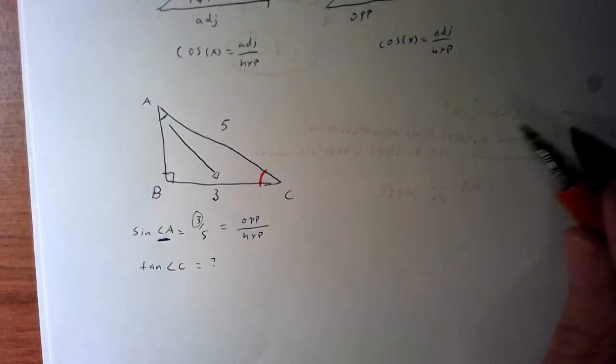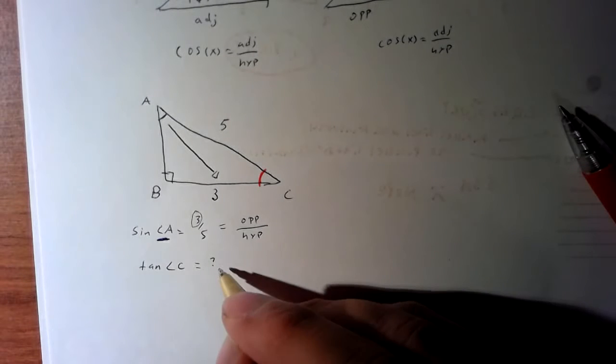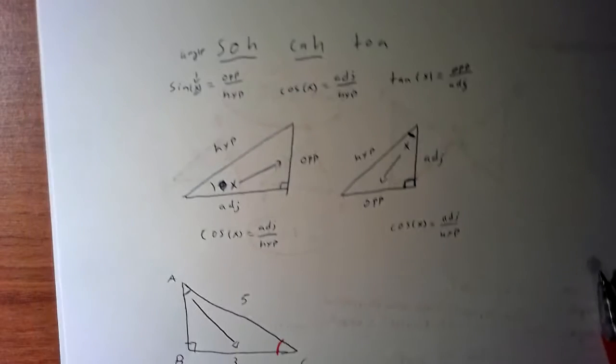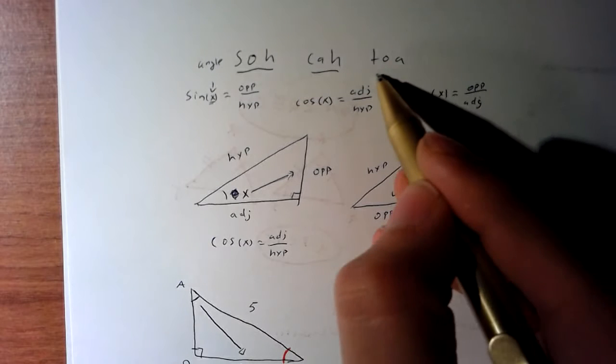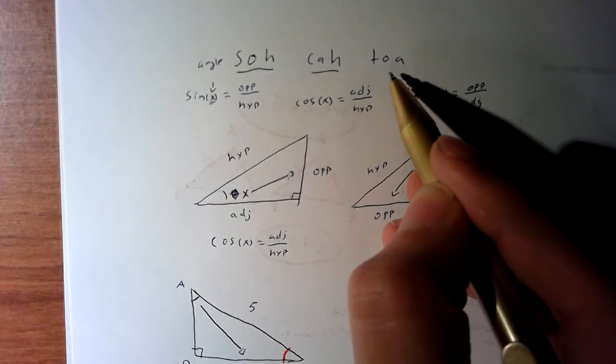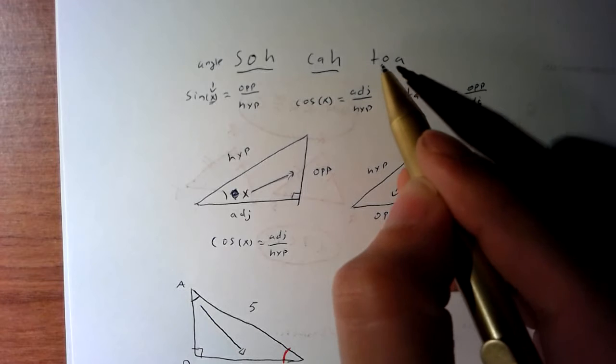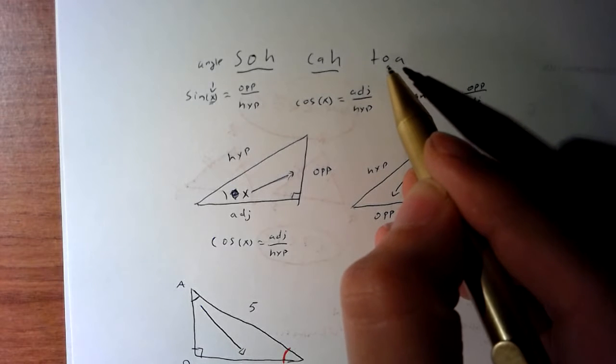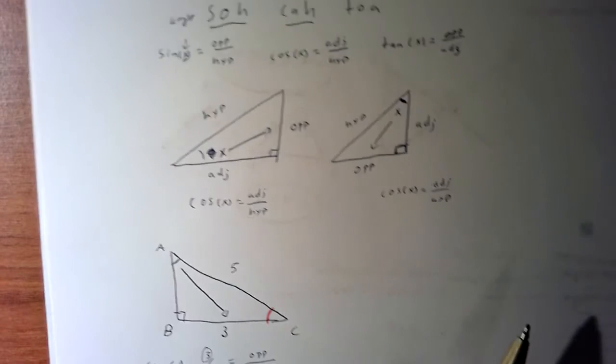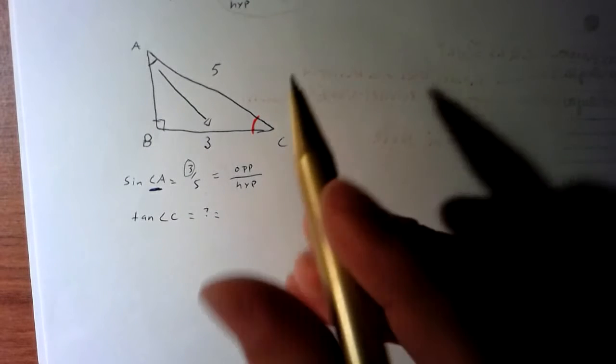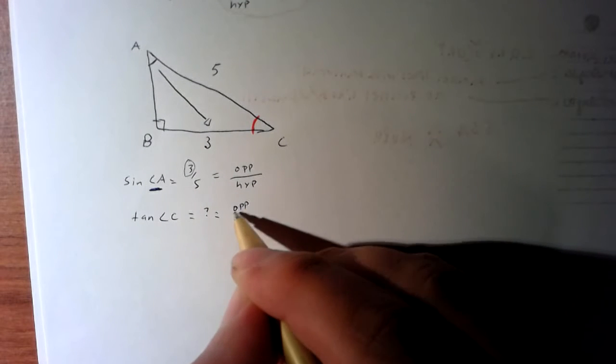So that's right there. Now, if it's tangent of angle C, going back to our SOHCAHTOA, the TOA is what we use for tangent, and it says that tangent of an angle equals opposite divided by adjacent. So that means that this is opposite over adjacent.